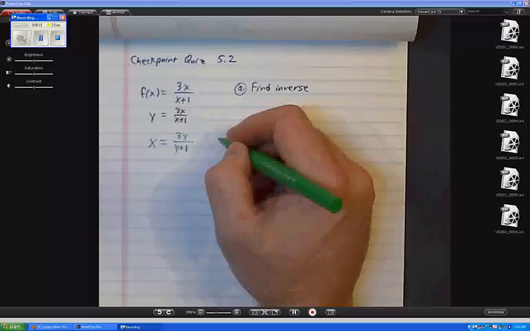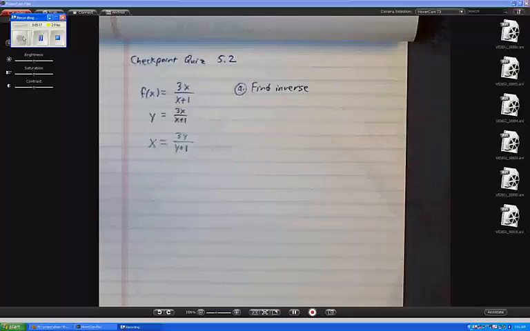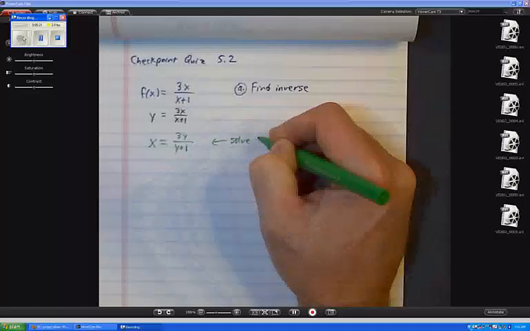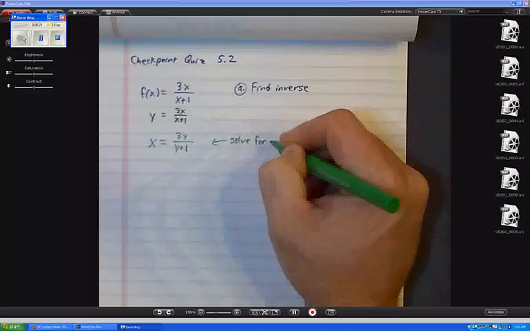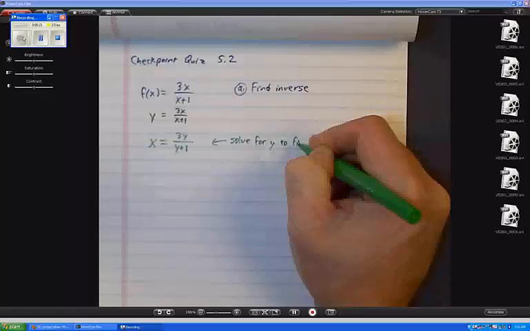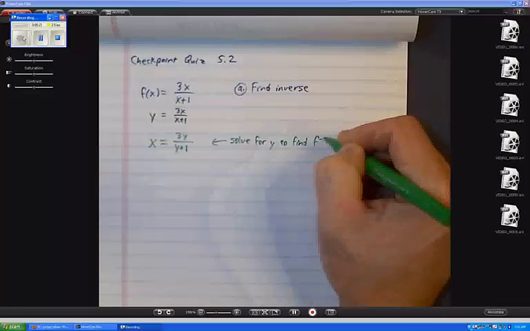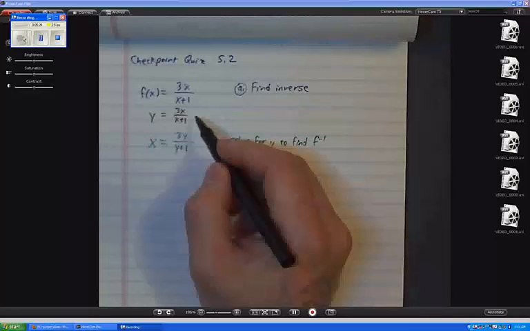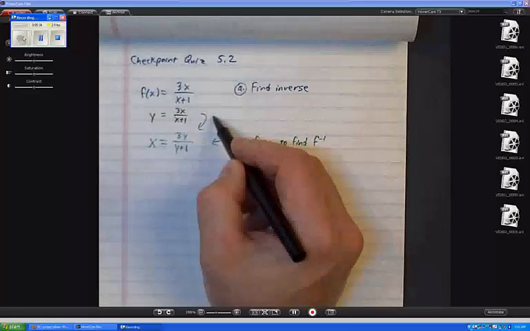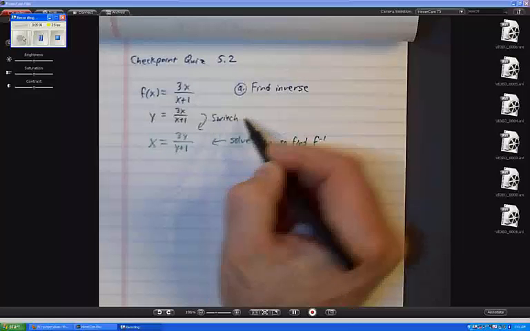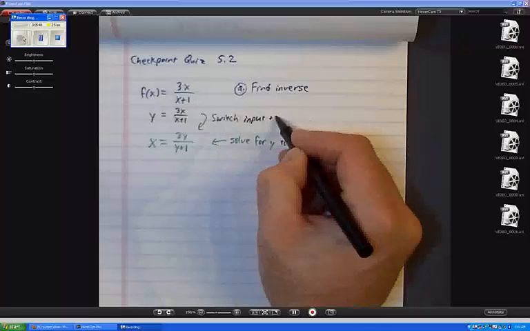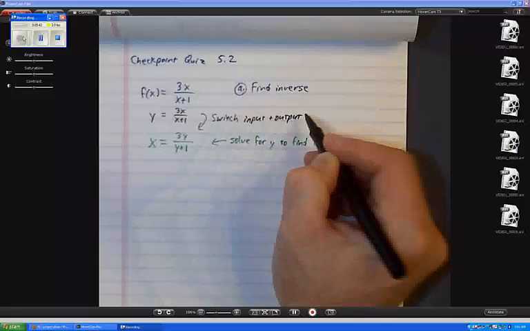And so now, solve for y to find the inverse. And by the way, again, I switch x and y because you're switching input and output. That's what an inverse is.